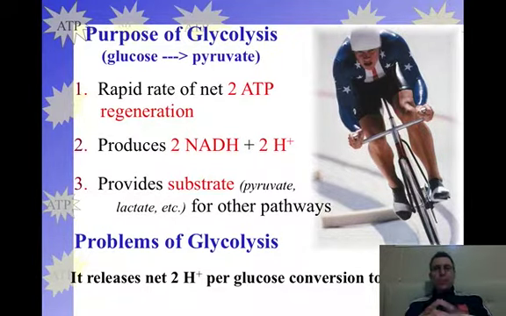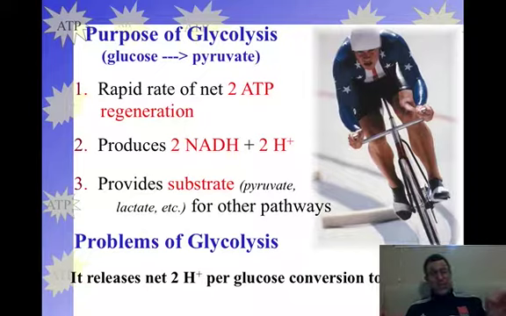So let's talk about the purpose of glycolysis. First and foremost, we get some ATP from it, though barely any: 2 ATP total from one glucose molecule going through glycolysis. We get a couple of byproducts. One is 2 molecules of NADH with hydrogens, and we'll talk about NADH later.